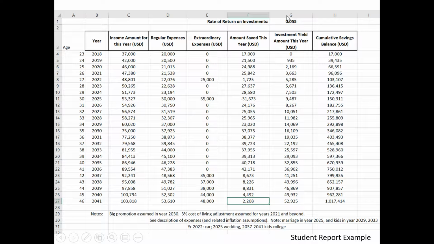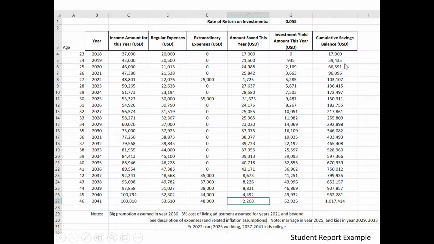And so this person is assuming that their investments yield an average rate of 5.5%. That's what this cell indicates. So 5.5% of 17,000 is the 935. So at the end of the second year of this person's career, the total value of their savings, and that savings is not just a savings account, it means all their retirement accounts, their checking account, all of their liquid assets.